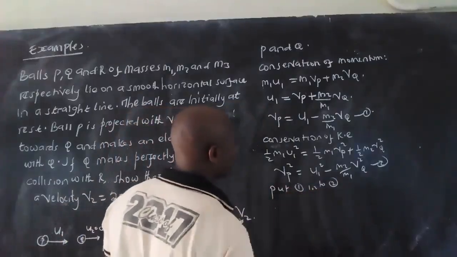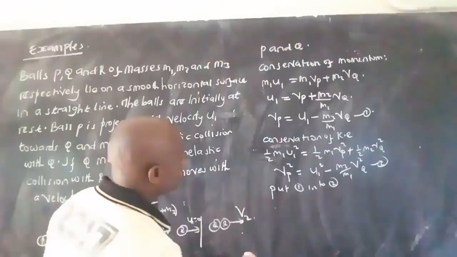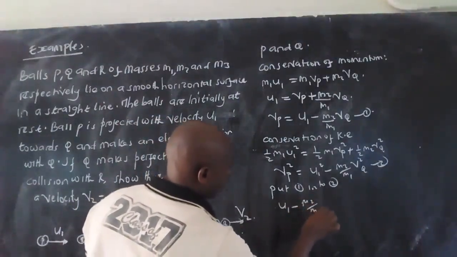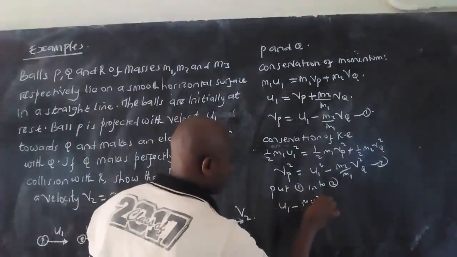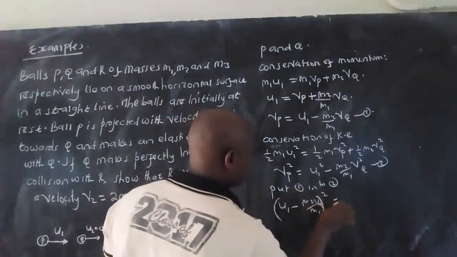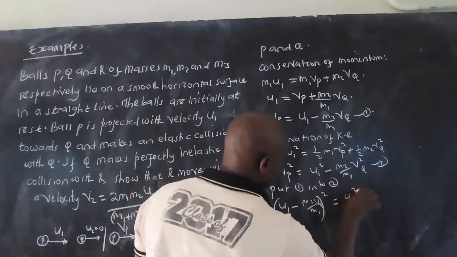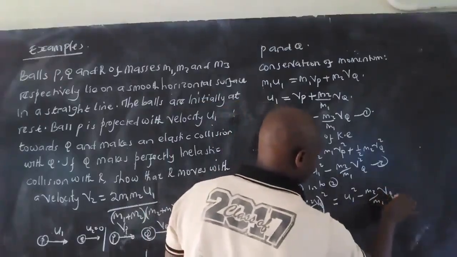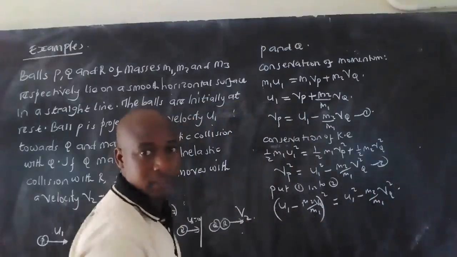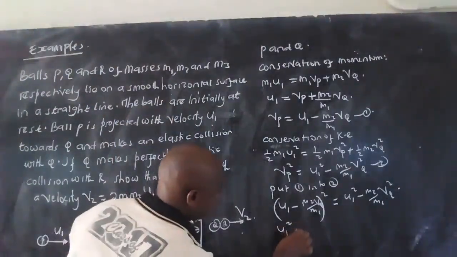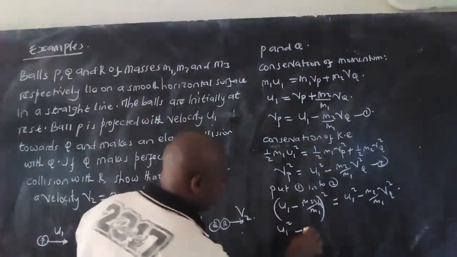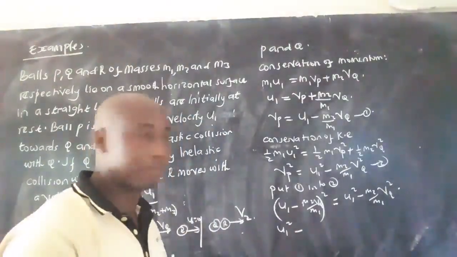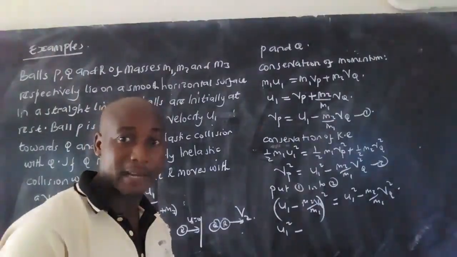So we shall have U1 minus M2 over M1 V2, squared, should give us U1 squared minus M2 over M1 V2 squared. Open brackets: A minus B squared is the same as A squared plus B squared minus 2AB.